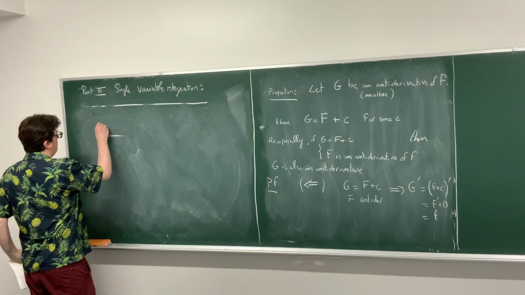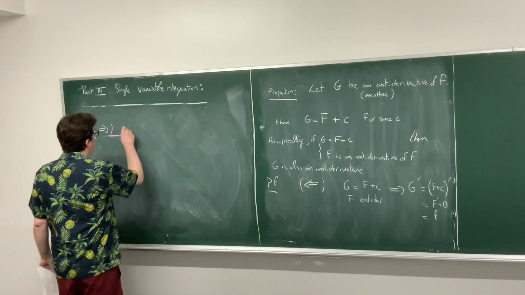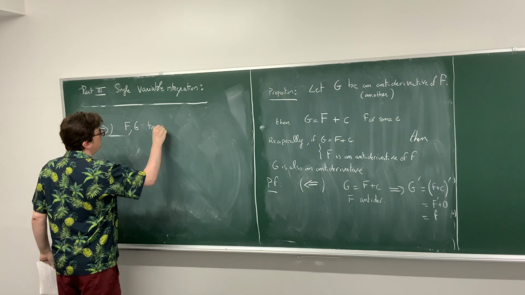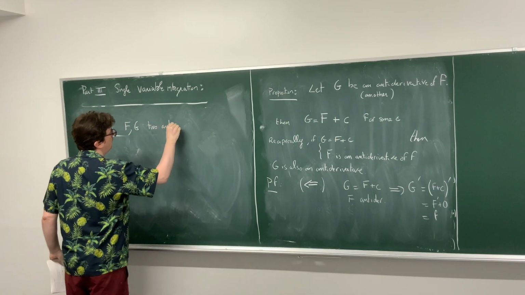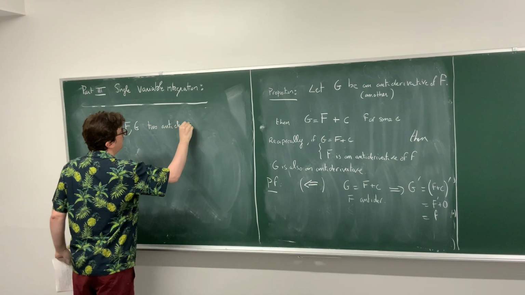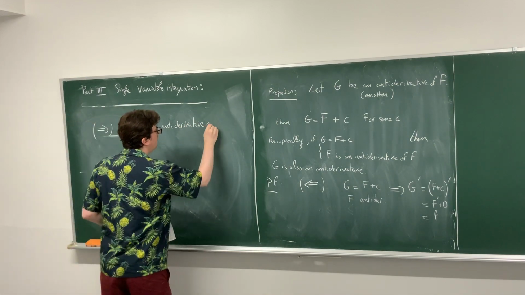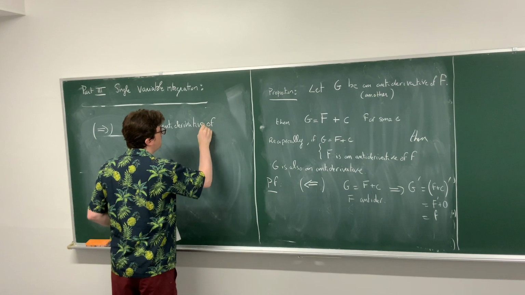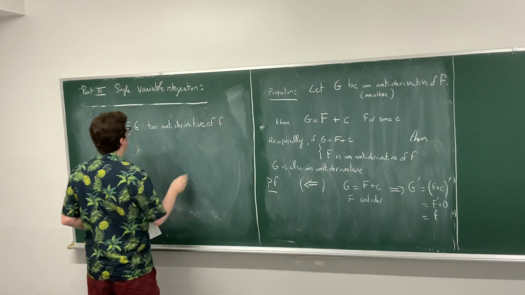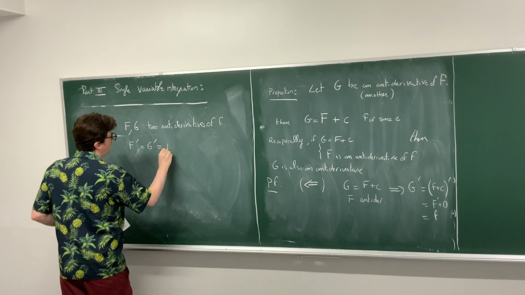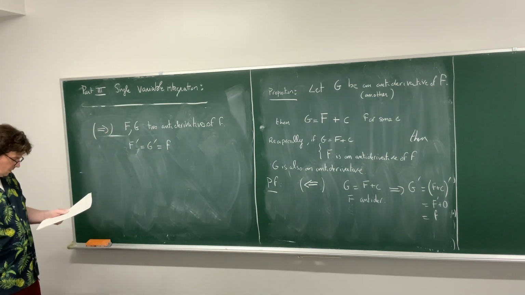Now, what happens for the other direction? In this other direction, we need to prove, so we have two antiderivatives, F and G, of small f, okay? So what does it mean? It just means that F prime equals G prime equals small f, okay?